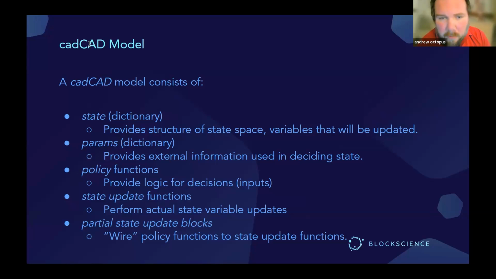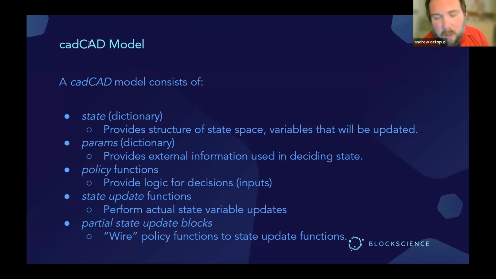Then there are the parameters. Parameters are things that are set outside of a simulation run, but that influence the evolution of the system. The basic example I use with complete beginners is that slope and y-intercept are the parameters of a line, y and x are the state variables. Then you have policy functions, which provide the logic that determines which decisions are made to determine the inputs of the GDS.